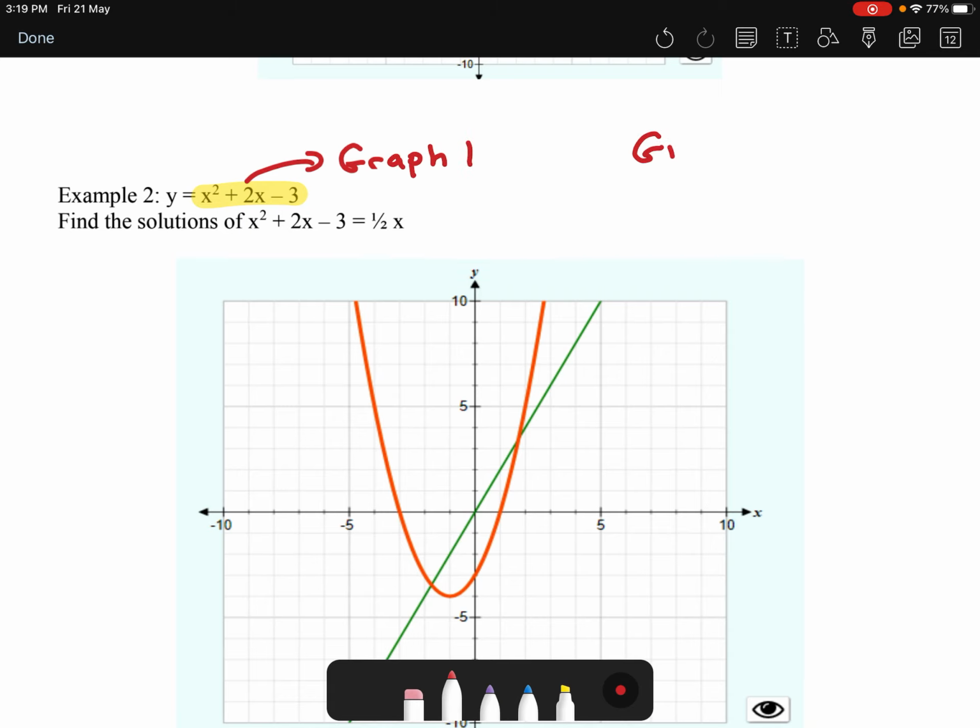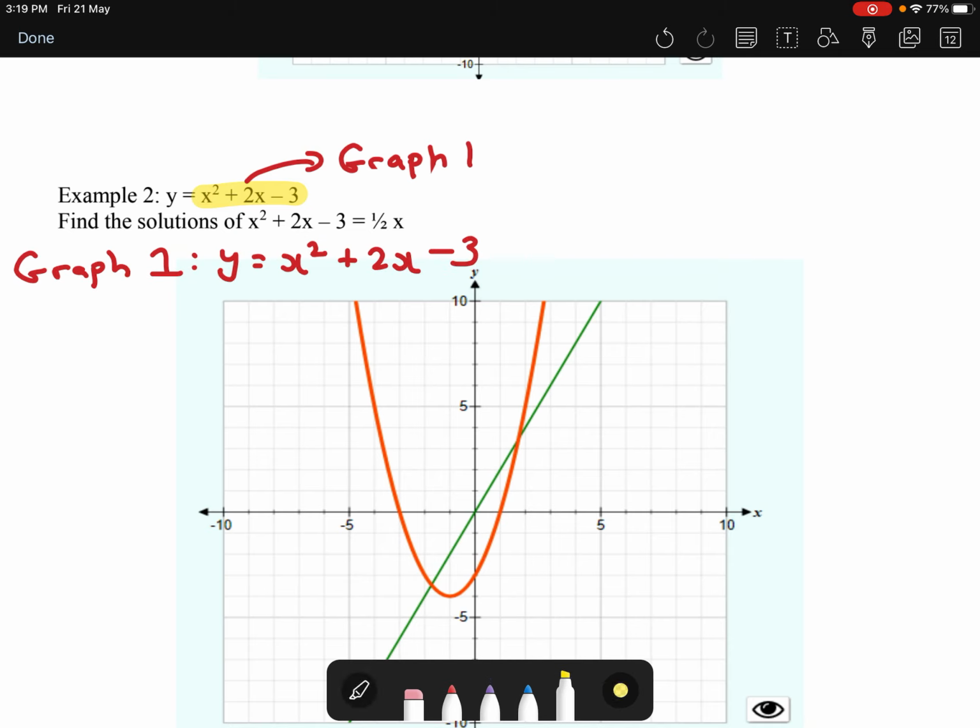So maybe I just write down graph 1, which is y equal to x squared plus 2x minus 3. Okay, so this is my graph 1.